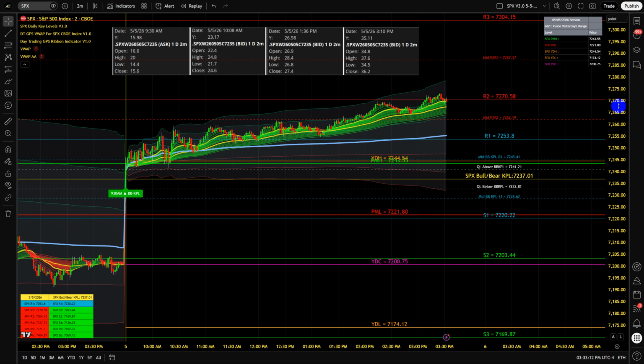Okay, so to start off, some of you may already be familiar with this, but some of you may not. If you're on TradingView and you're trading the SPX CBOE index or the XSP, which is the mini SPX index, you may have noticed that the standard VWAP built into TradingView does not work, either the auto-anchored one or the regular VWAP.